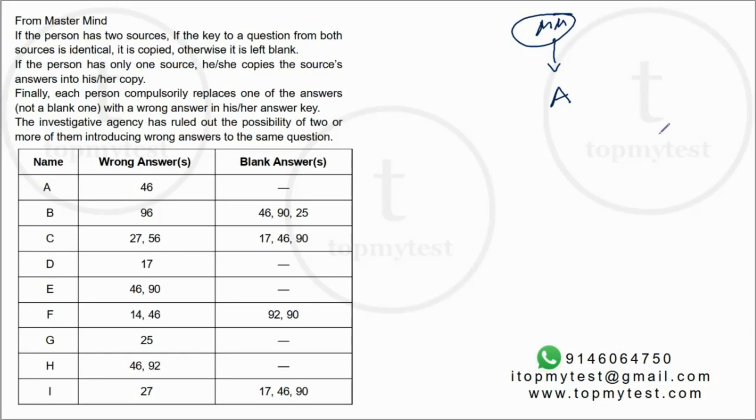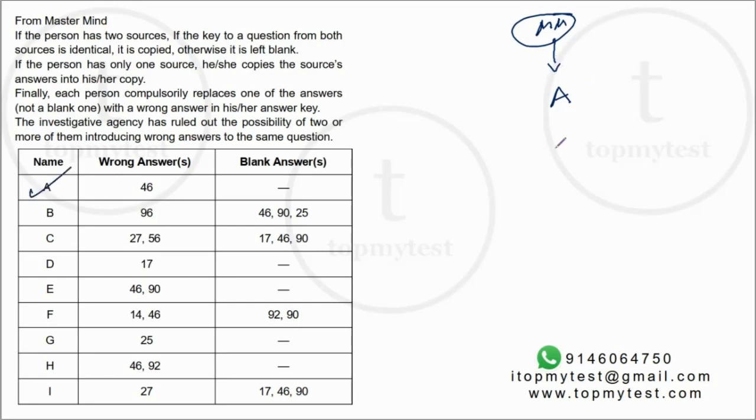Because if A took it from somebody else, say P to A, P would have entered one wrong answer, A would have copied even the wrong answer and introduced another. So A would have had two wrong answers, not one. So A got it directly from the mastermind.